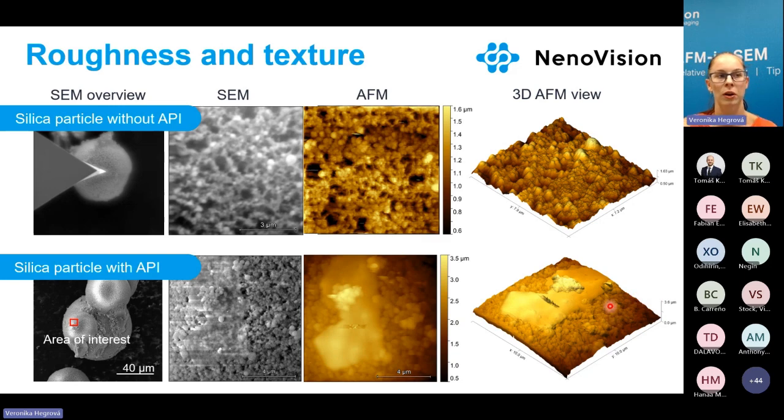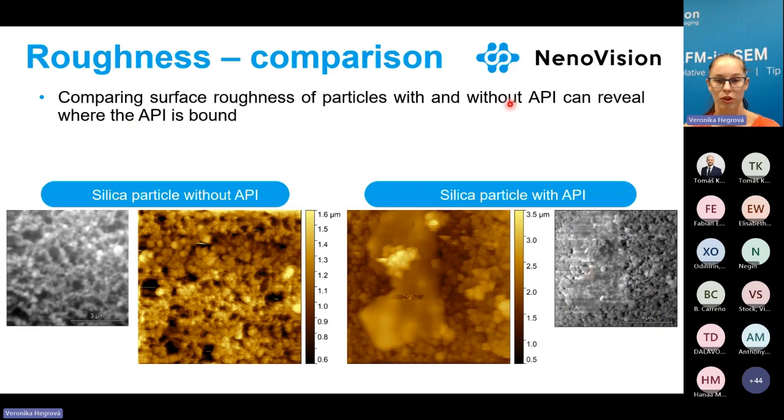And what we didn't know was whether it recrystallized and the treatment got only here or it got everywhere. So the roughness comparison helps us in this case. If we have a look, we can choose which part we want to take into account if there is an impurity or something which doesn't make sense to count.